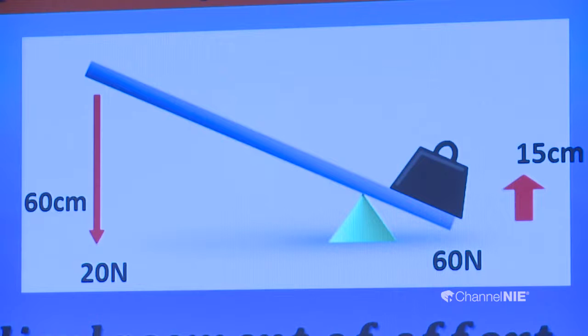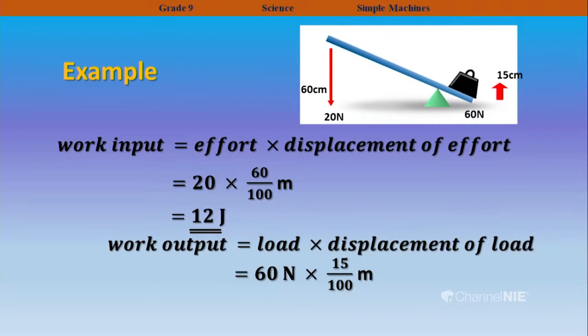So, how do we calculate the work done? Work done by the machine or work output, that is load into the displacement of the load. Displacement is 15 centimeter. Again you have to convert centimeters into meters. Work output can be calculated using load into displacement of load.